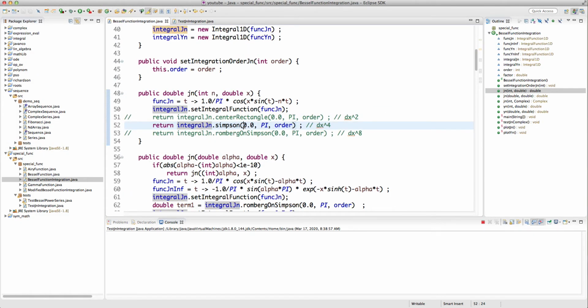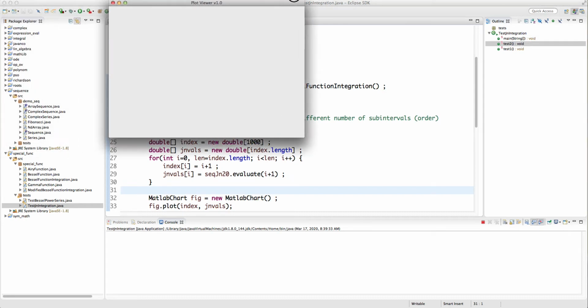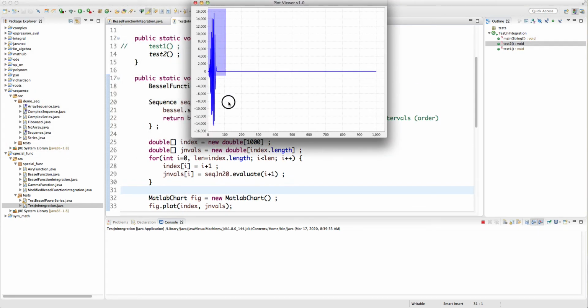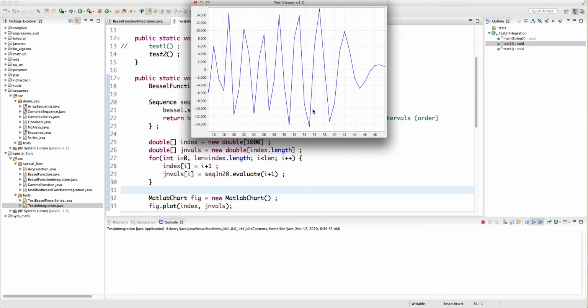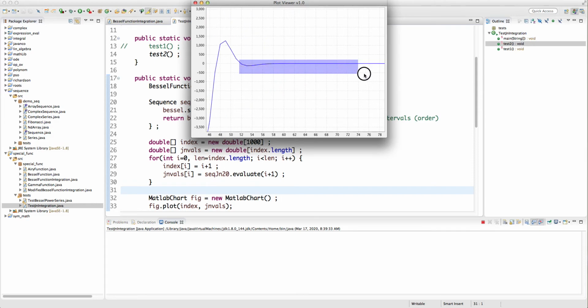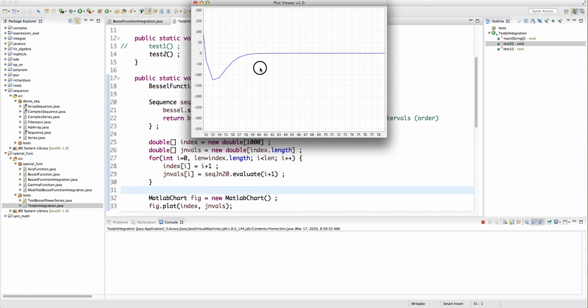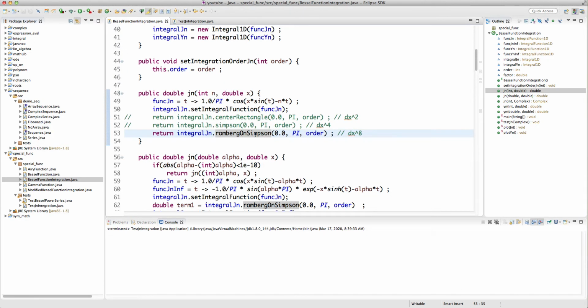Now let's do a Romberg on Simpson. All right, as you can see, this has a much worse situation in terms of the values for the oscillations. But then again, it still stabilizes at 60. So there's really no value. It appears that there's no value in using a better integration approach instead of just staying with the simple center rectangle. So we're going to choose that.